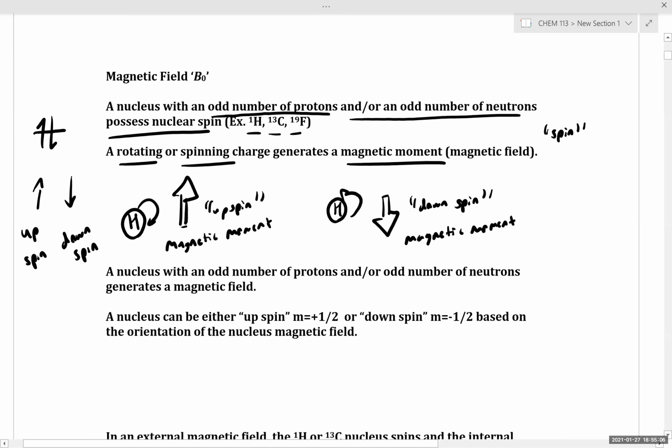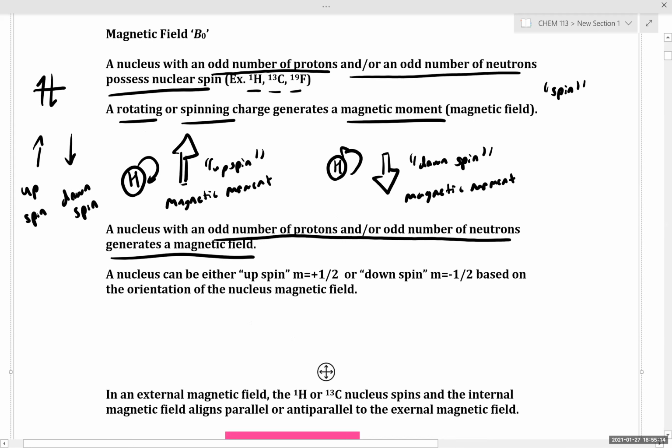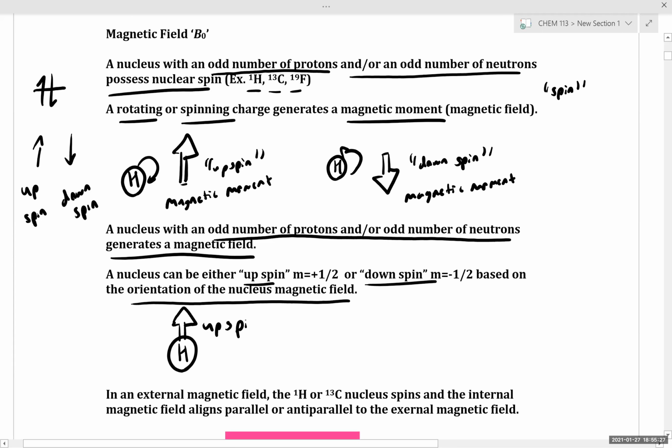A nucleus with an odd number of protons and/or neutrons generates a magnetic field. The nucleus can be either upspin or downspin based on the orientation of the magnetic field. So we can have a hydrogen nucleus that is upspin and one that is downspin.